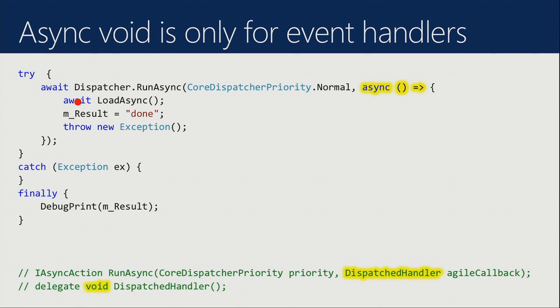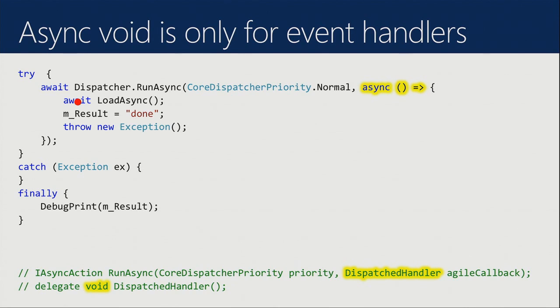It expects a DispatchedHandler, and the DispatchedHandler is void returning. What happens when we call it with an async lambda? Well, it starts running the async lambda. It gets to the await. The async lambda returns. It says, oh, the job was finished. Let me complete the task that I returned to my caller. So it kind of claims that the work is done, even though there was more work in the lambda to do. Because the lambda was async void, the method can't know that the work isn't done.